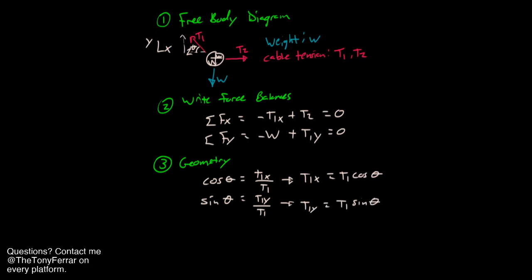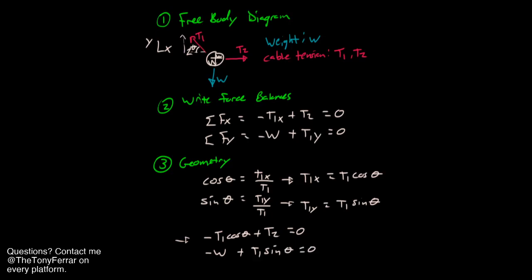We can sub those now into our force balances and discover a minus T1 cosine theta plus T2 equals 0 and a minus W plus T1 sine theta equals 0.